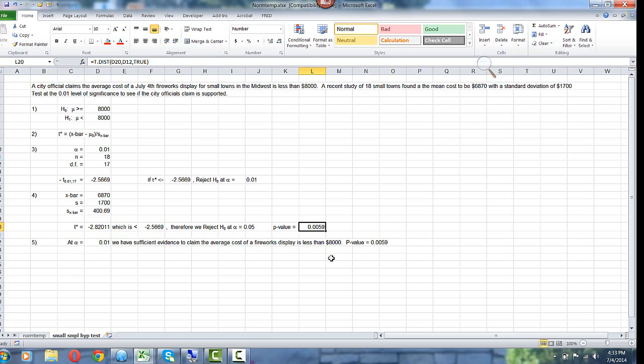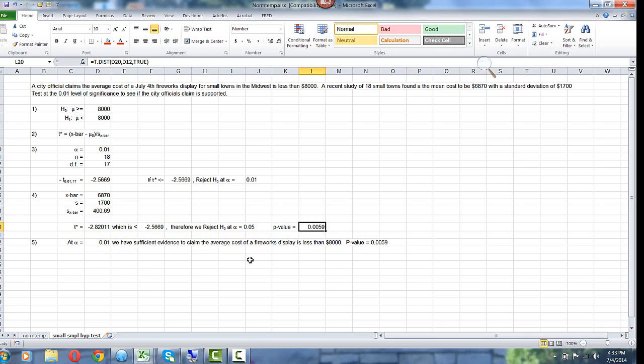Okay, and so we could state that in the conclusion and let people make their own decision based on their p-value. Somebody who's really conservative could have 0.001 as their alpha, and if that were the case, then that would be a situation where they would not reject the null hypothesis. But we did. We rejected the null.